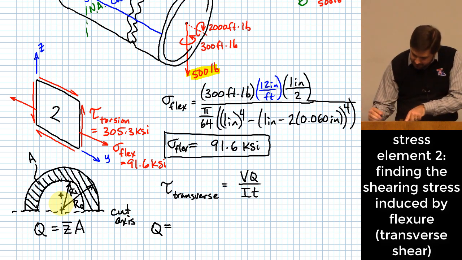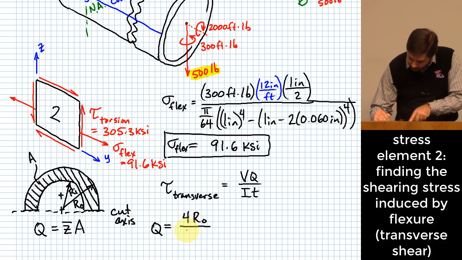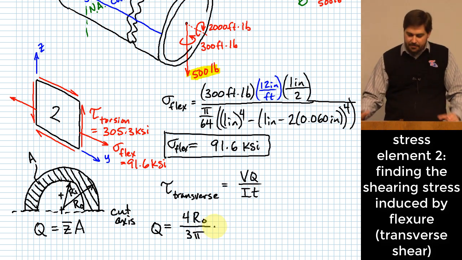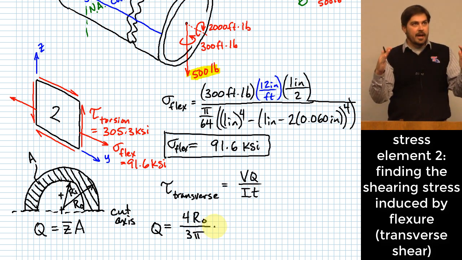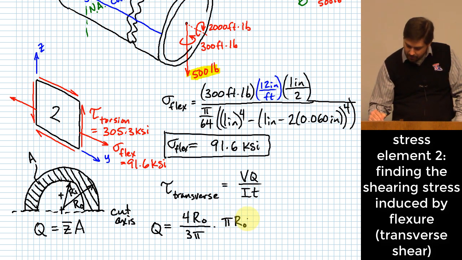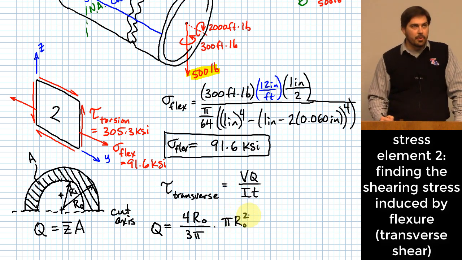So that's what I'm going to do here: 4 r sub o over 3 pi times the area of the solid half circle on the outside. Okay, area of a circle is pi r squared, but we don't have a full circle, we have a half circle.